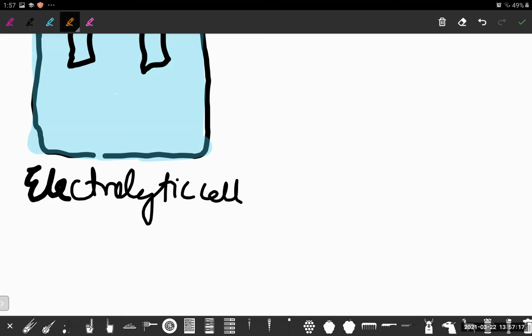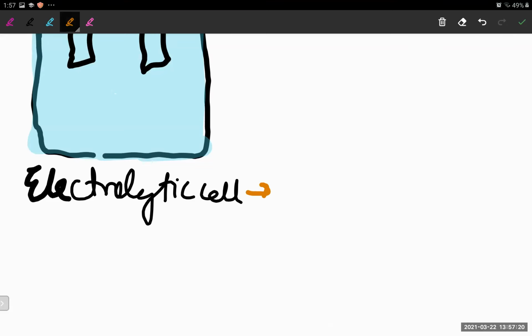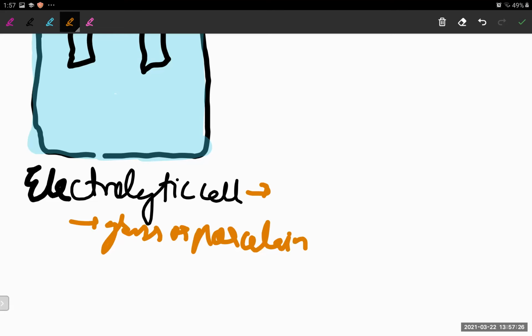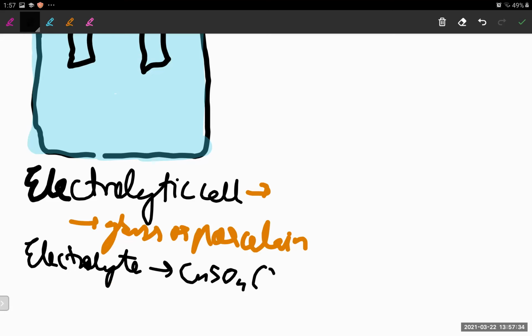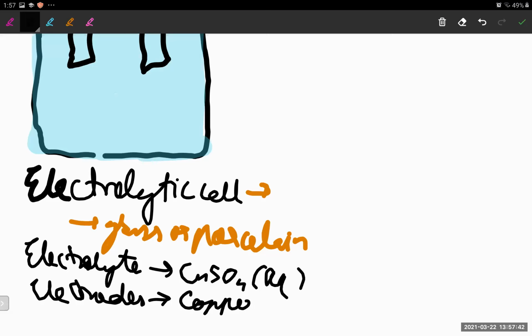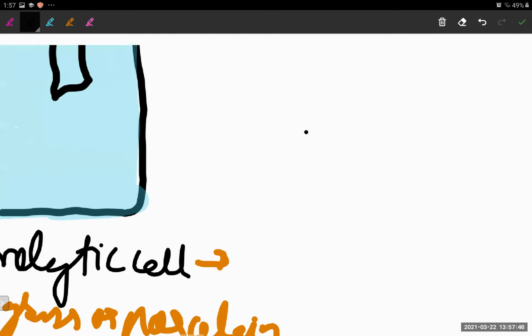So just write it: glass or porcelain. Then we have the electrolyte. What is the electrolyte? CuSO4 in practice. And then we again have the electrodes. What is the electrode? Copper electrode, right? So copper. Done.